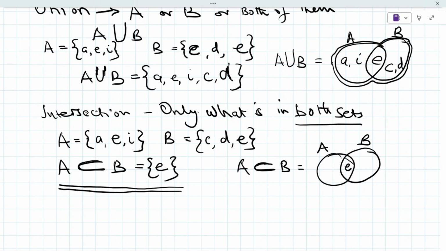So this area here is what represents the intersection of sets A and B.